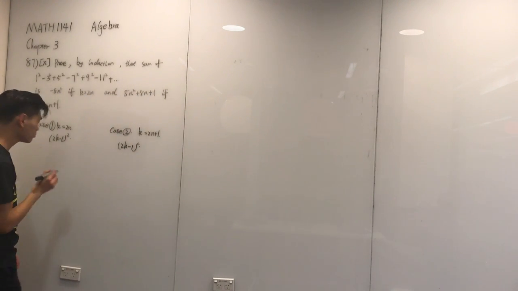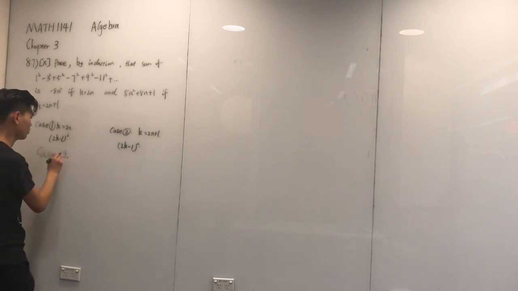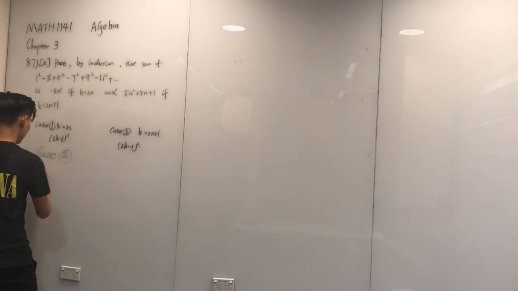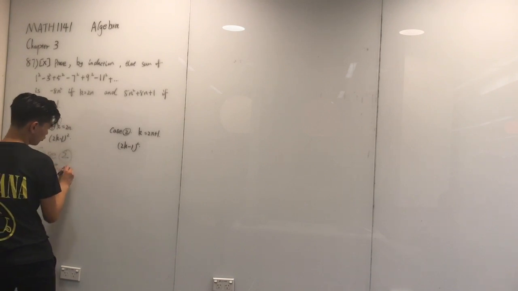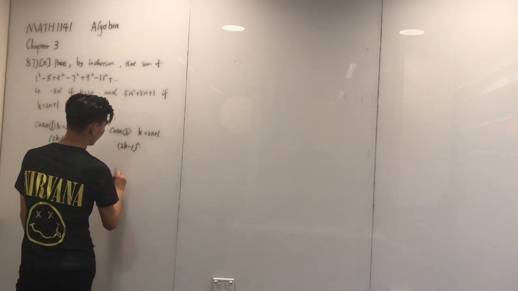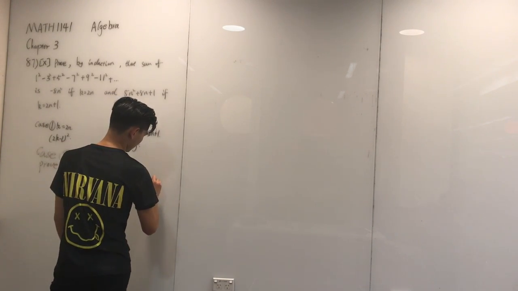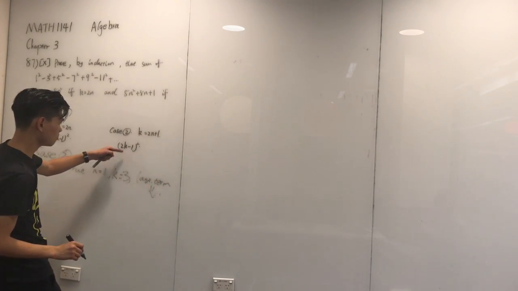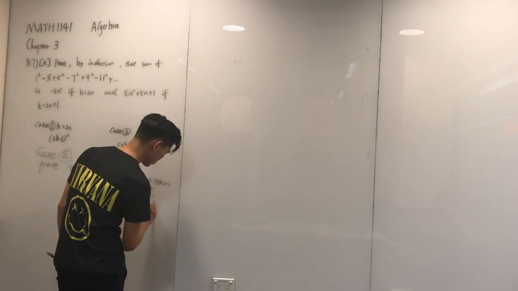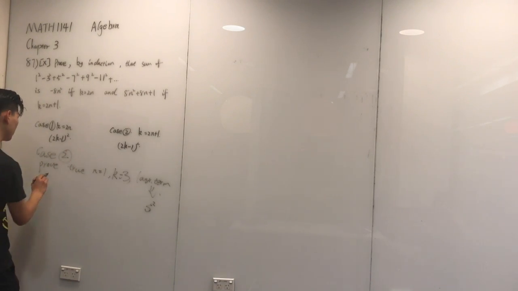So for case 2, we need to prove it is true for n equals 1. So k will be 3, which means the last term will be 2 multiplied by 3 minus 1, which is 5, so 5 squared. Right? 2 multiplied by 3 minus 1, 5 squared. Good enough.